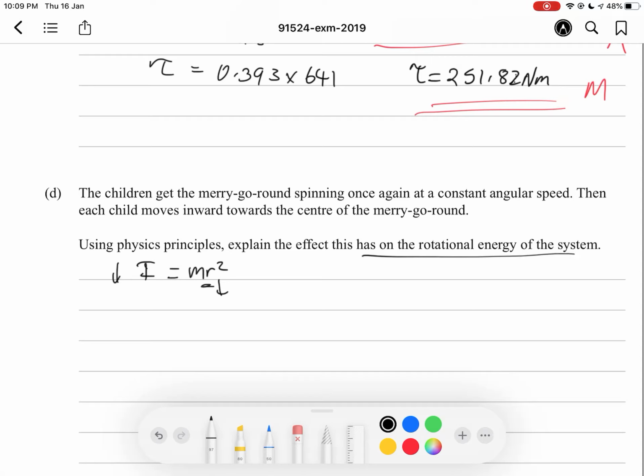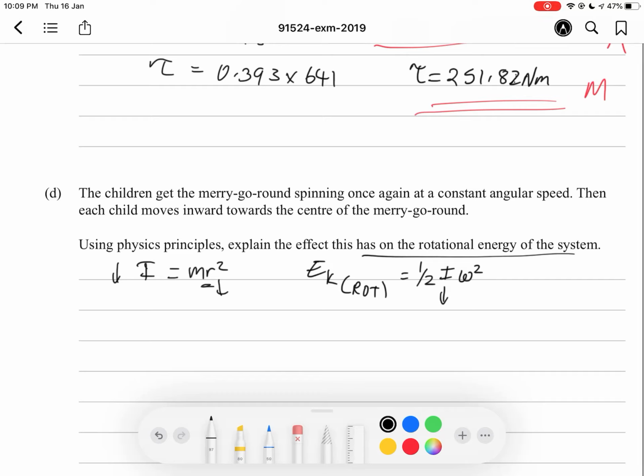We're trying to find the effect on the rotational energy of the system. The rotational kinetic energy is equal to half times the rotational inertia times the angular speed squared. We know the rotational inertia is going to decrease, but we do not yet know what happens to the rotational speed.